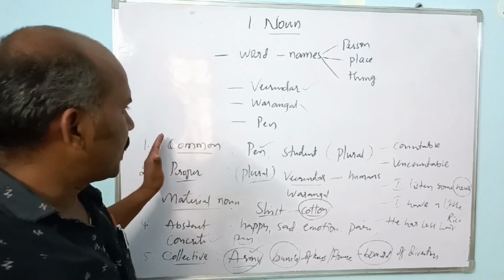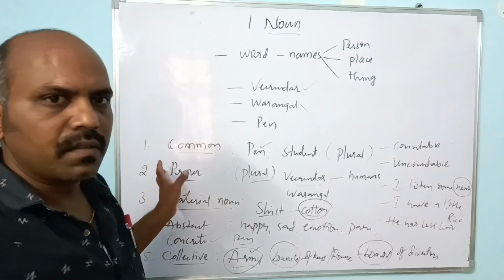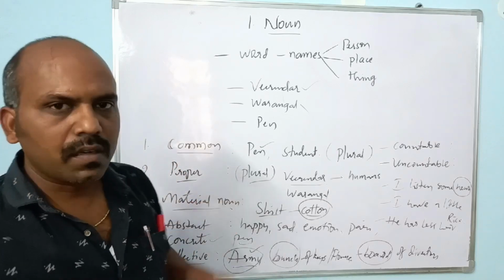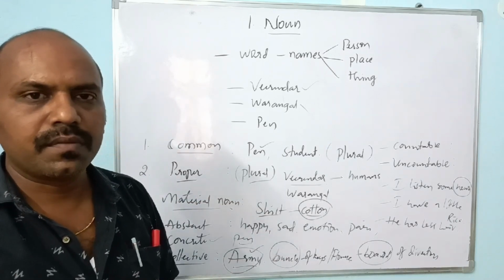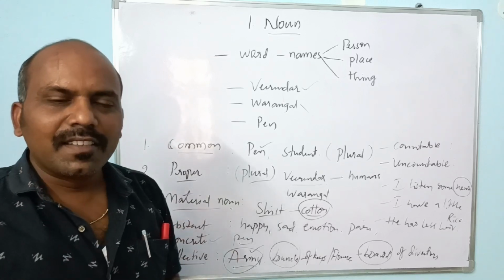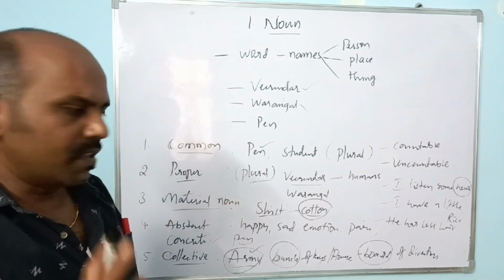Those are common noun, which allows us to make it plural, and proper noun, which cannot be made plural. Normally proper nouns are all names of human beings, all names of places, but names of things don't come. And material noun: material means the thing is made of what material, and that material comes under material noun.